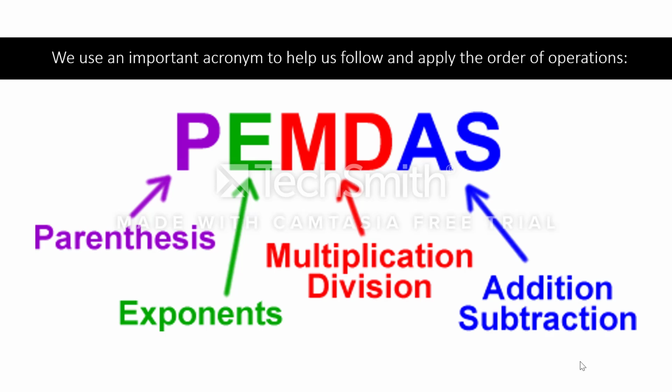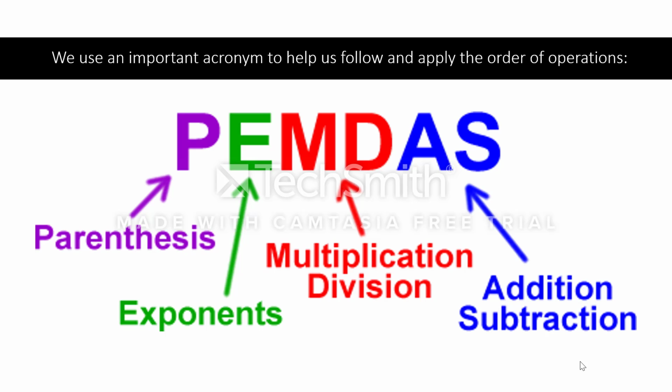Let's recap what we have learned today. We use an important acronym to help us follow and apply the order of operations, and this acronym is PEMDAS. Each letter stands for a different operation that can be used in a mathematical expression.